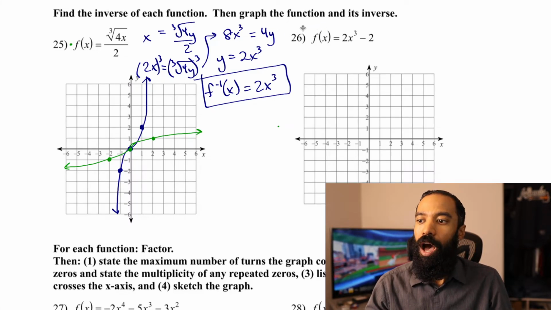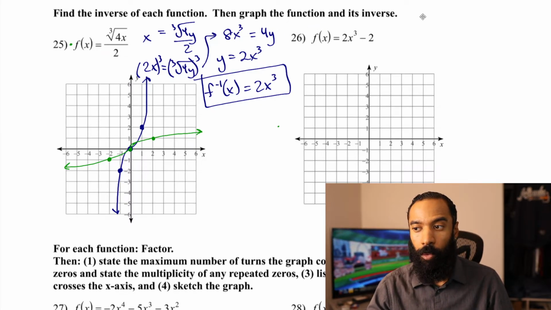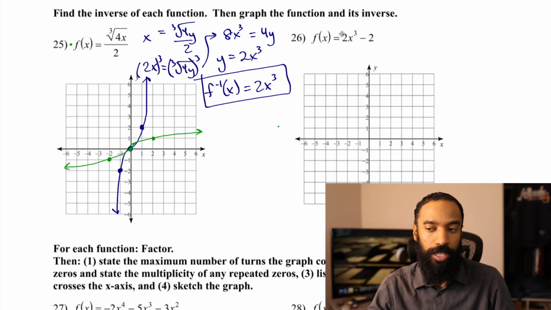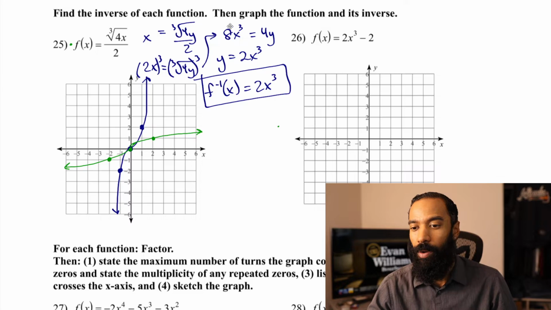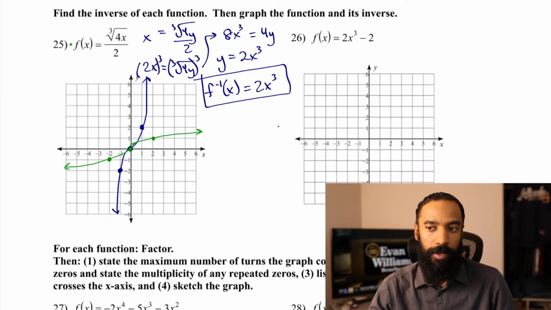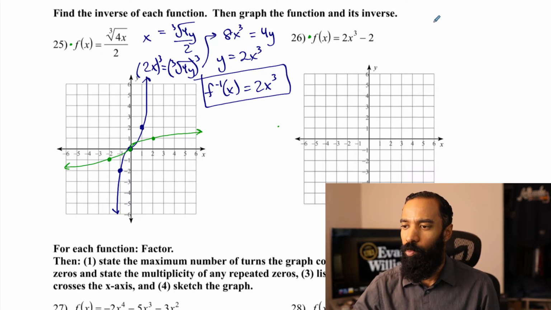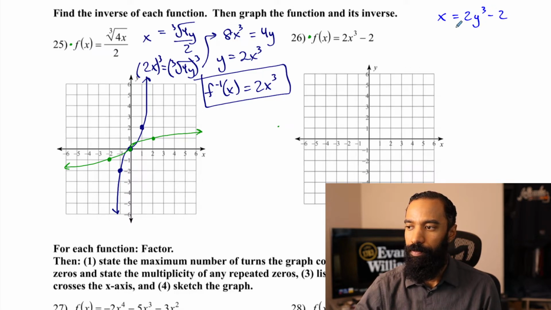On number 26, this is a cubic already, so that means its inverse will be a cube root. So I'm going to graph this one initially, and then I'll go ahead and graph its inverse as a result of swapping x and y. So I'm going to make sure to do that. I'll go and take its inverse right now. That's fine. Let's swap x and y. X equals 2y cubed minus 2.